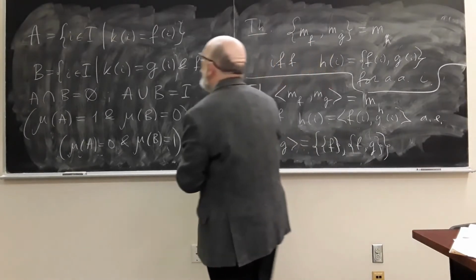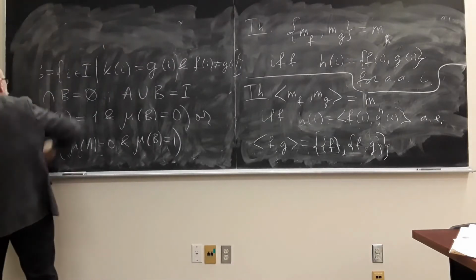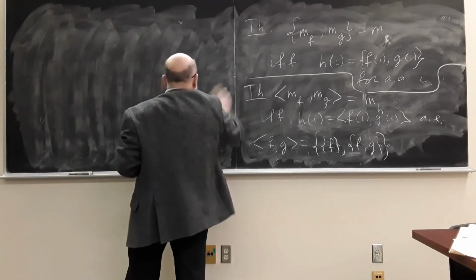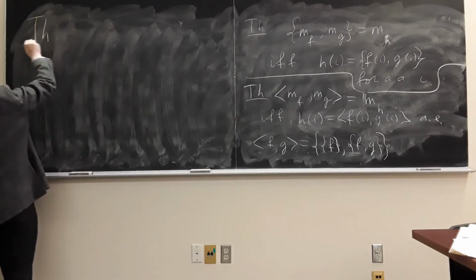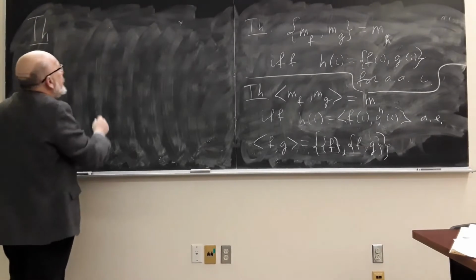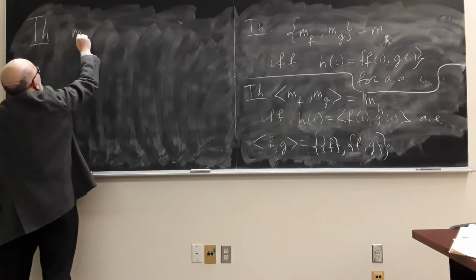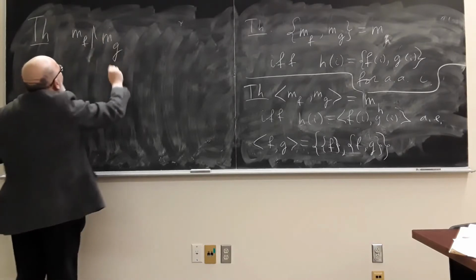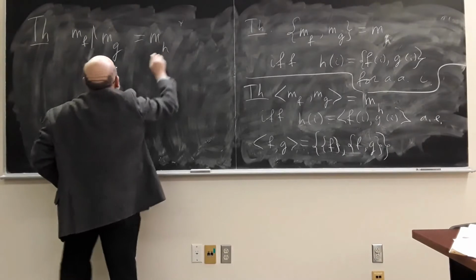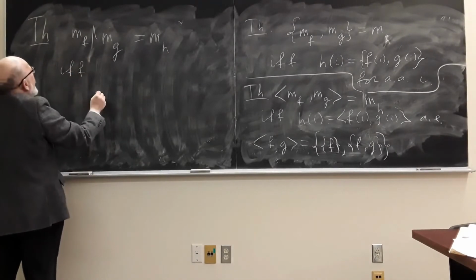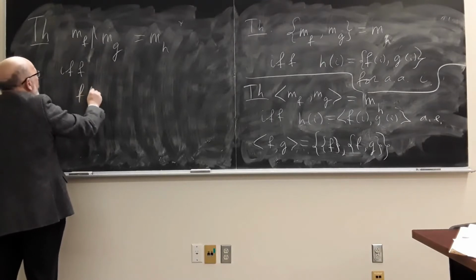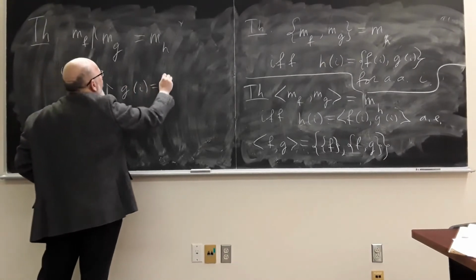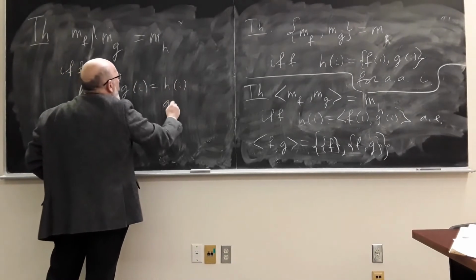And the last theorem today is that mF restricted to mG equals mH if and only if F of I restricted to G of I equals H of I almost everywhere.